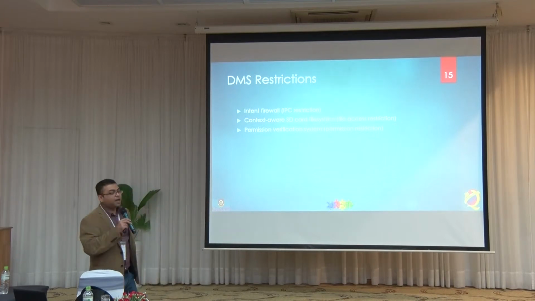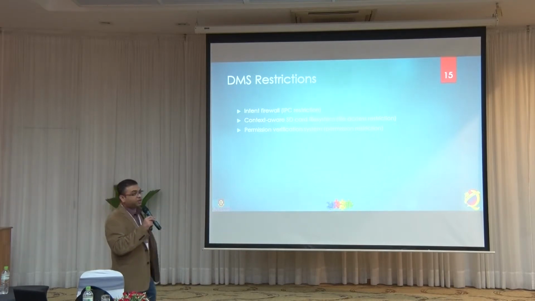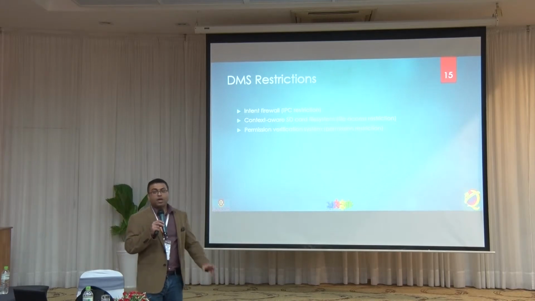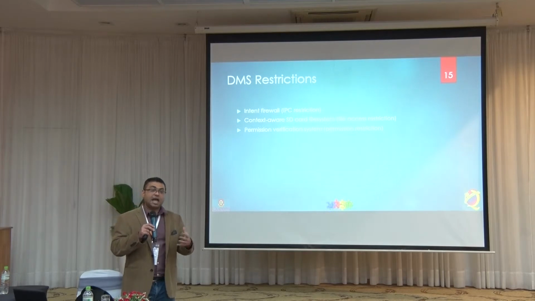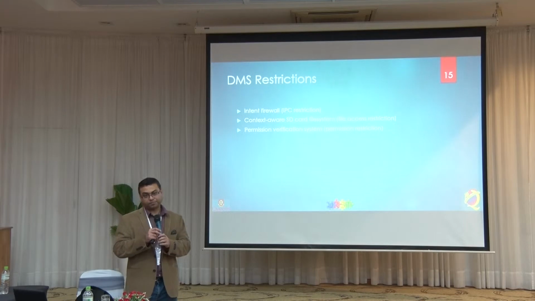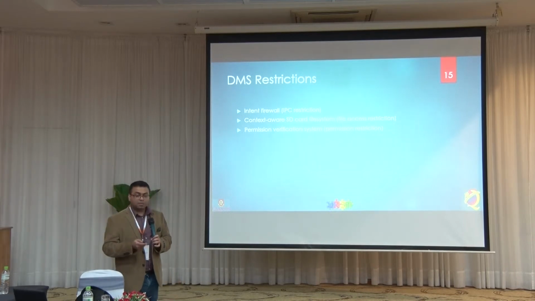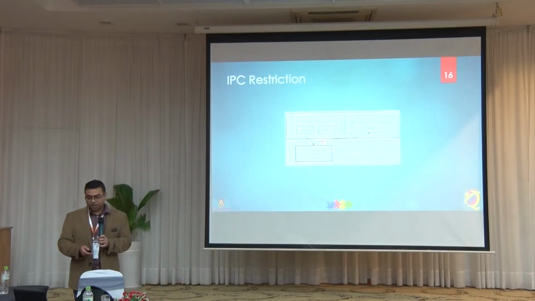And lastly, we have a suggestive system, the permission verification system, where we have used web mining and machine learning to detect anomalous permission requests and suspicious applications. I'll tell about the details in the next slides.